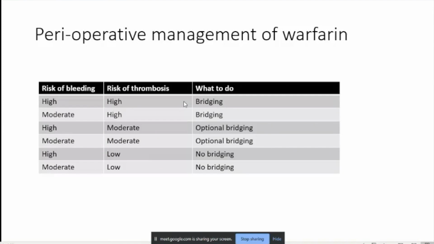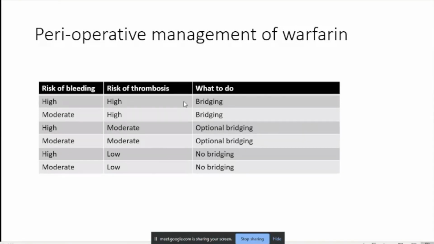Now we should also know if the patient is high risk of thrombosis. So how do we know that? We do the TIMI score, right? We check if the patient had a previous history of stroke or TIA in the last 3 months. If it is less than 3 months, that means the patient is high risk of thrombosis.